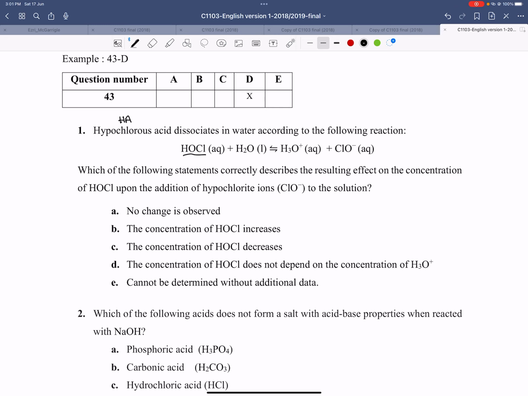And in case you don't know if it's a weak acid or a strong acid, always check for the pKa if you have it given, or the Ka if you have it given, because this will tell you whether it's weak or strong, or check for this, because this is a clear indication that your acid is a weak acid.